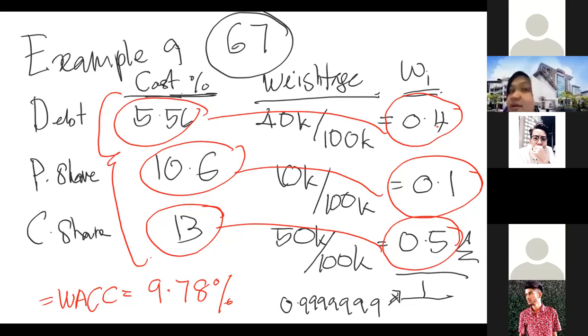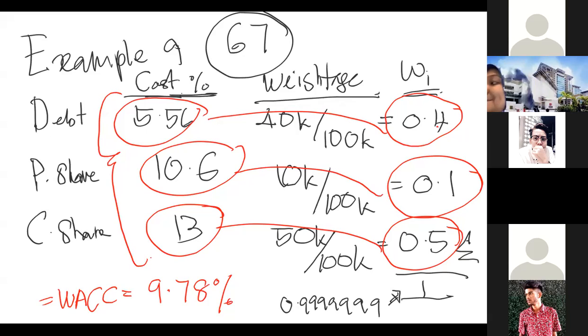Just tekan je terus nombor tu supaya dapat jawapan percentage. Saya suka cara macam ni sebab nak mengelakkan tekan calculator banyak sangat nombor kosong. Takut tersilap tekan, silap jawapan lah.